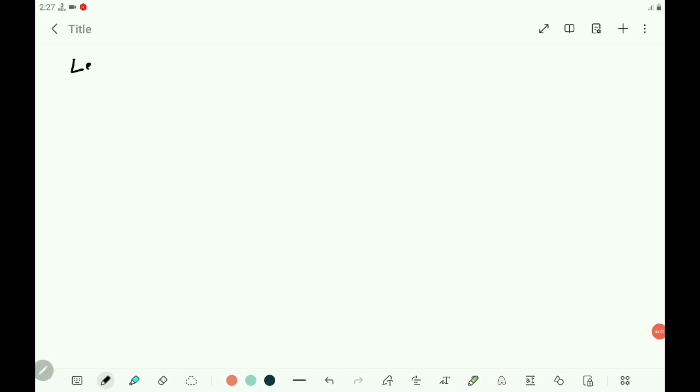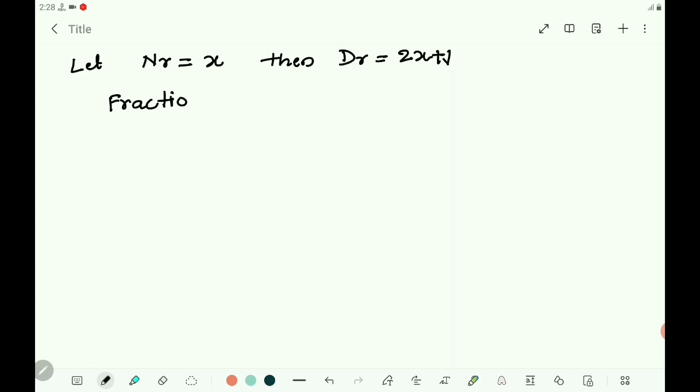Let the numerator equal x, then the denominator is equal to what? 1 more than twice its numerator means 2x plus 1. Then the fraction is x by 2x plus 1.